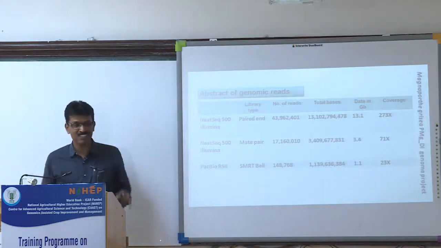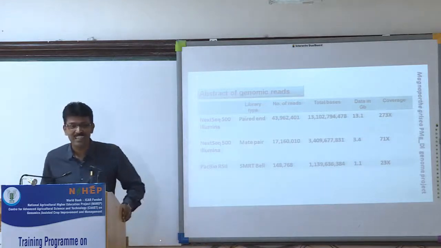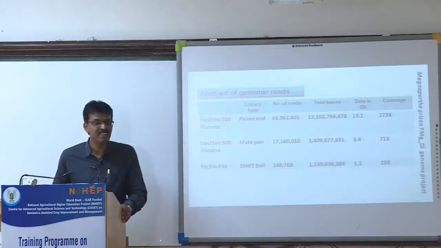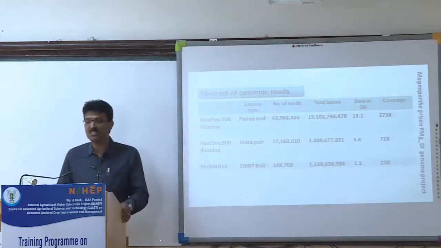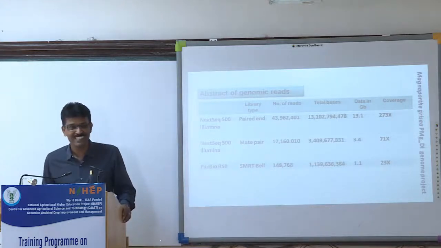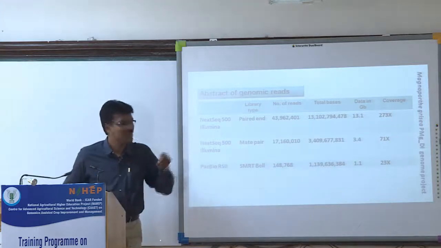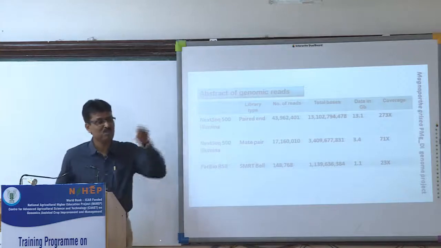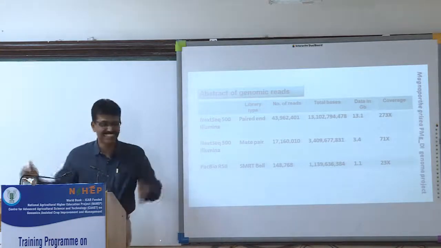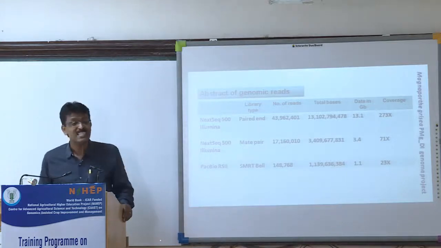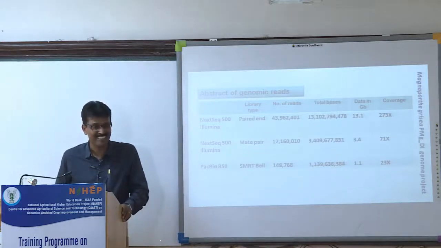If all of them are in consensus, what is the meaning of it? It is a very high degree of accuracy, right. Even if some errors are coming, because machines can make errors, in the same base call, out of 273, a couple of them may give you some other base, then it goes with the majority, what is called the consensus average, correct.